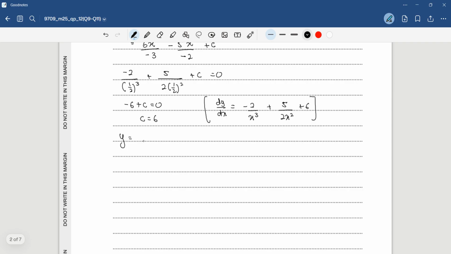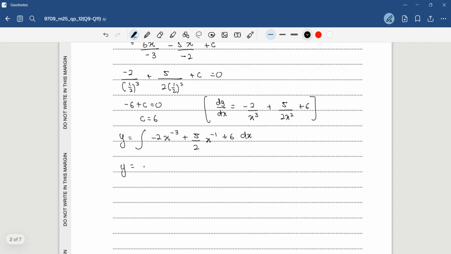In order to find my y, we're going to integrate negative 2x^-3 plus 5/2 x^-1 plus 6 dx.